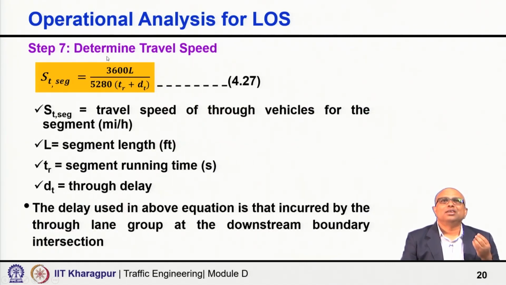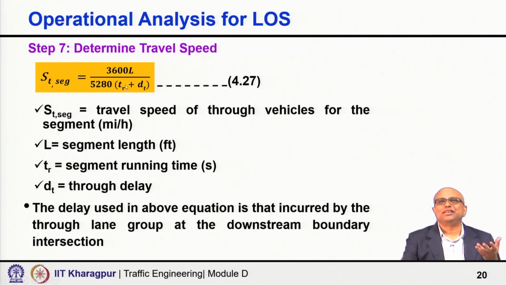Step 7, determine the overall travel speed of through vehicles for the segment. How do you calculate it? A simple, very logical formula. Once you know the segment length, and you know the segment running time considering all the earlier steps, and also the through delay, you add the through delay and segment running time together, which gives you the total time.